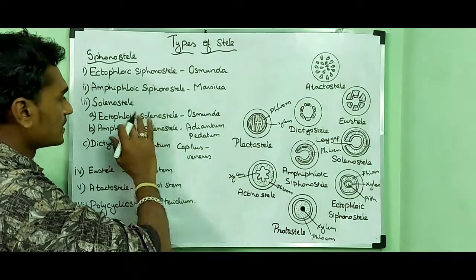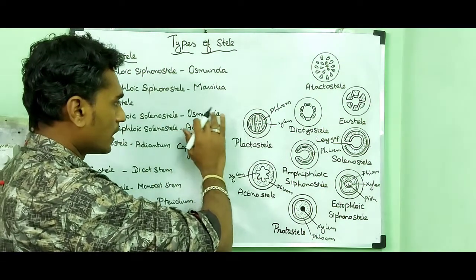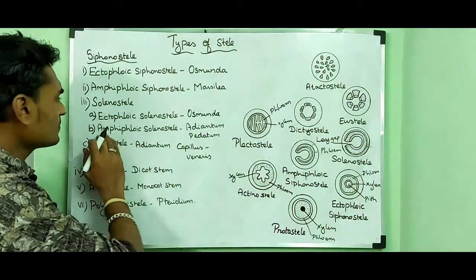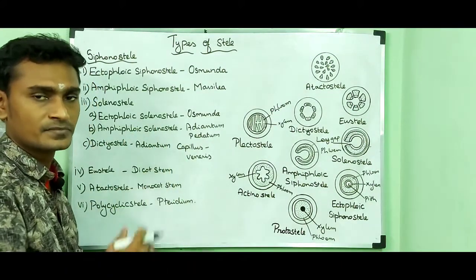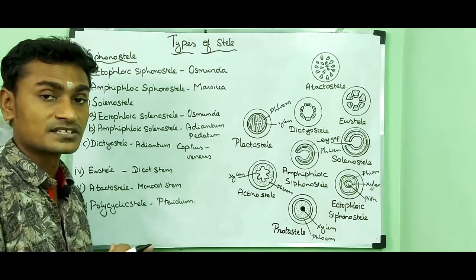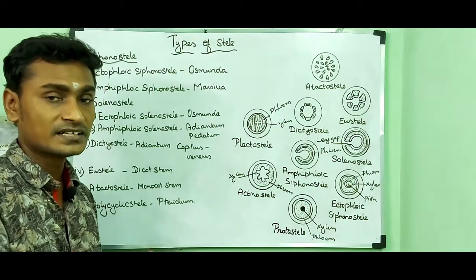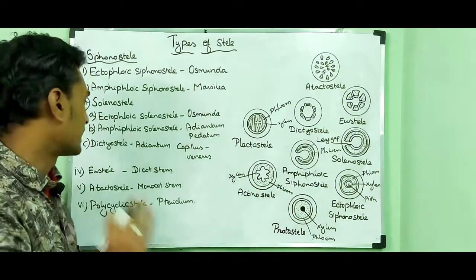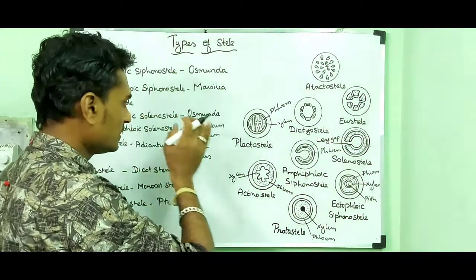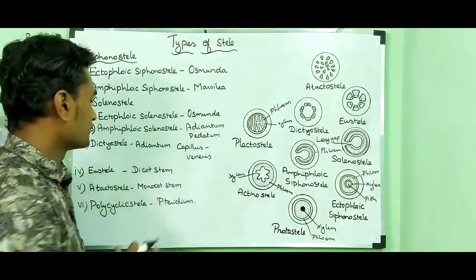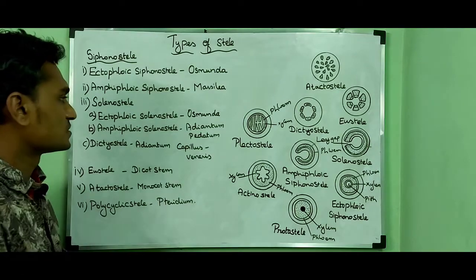That Solenosteel is called ectofolic Solenosteel. Example Osmunda. Amphifolic Solenosteel, the same: xylem is surrounded by phloem on both sides, pith at the center, and it contains leaf gap. It is called amphifolic Solenosteel. Example Adiantum pedatum.